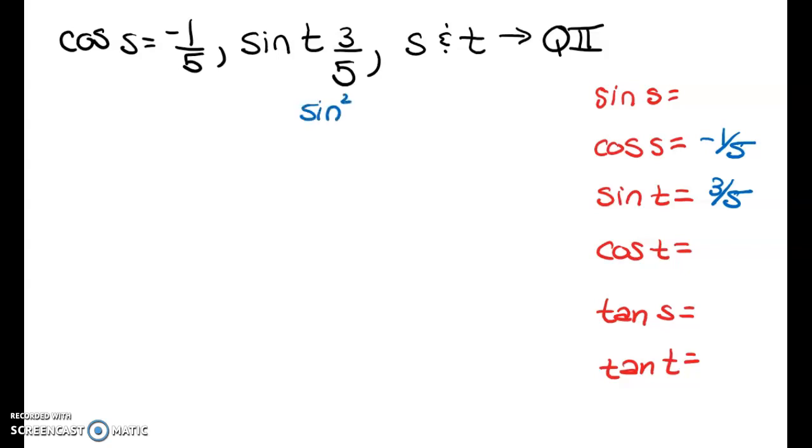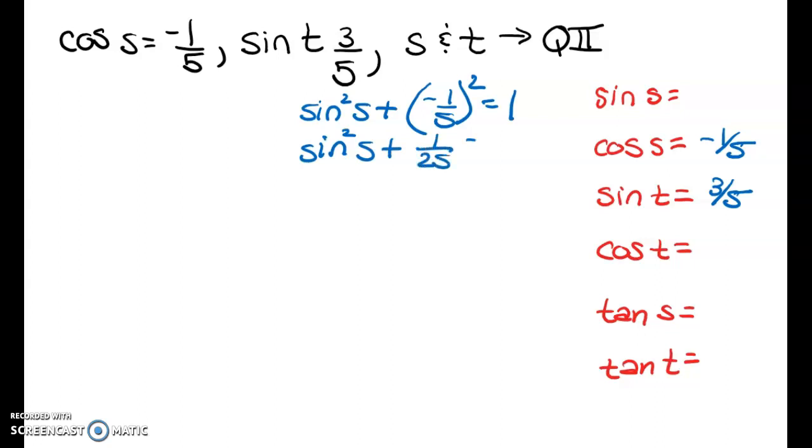So let's use our Pythagorean identity to find the other two values. The sine squared of S plus cosine squared S. Cosine is -1/5 equals 1. So when we square that, we get 1/25 equals 1. And then we get sine squared S equals 24/25.